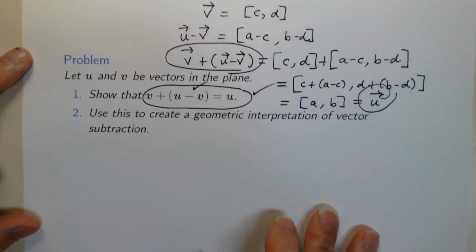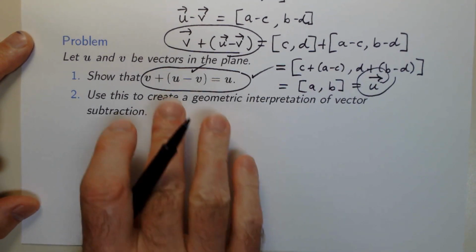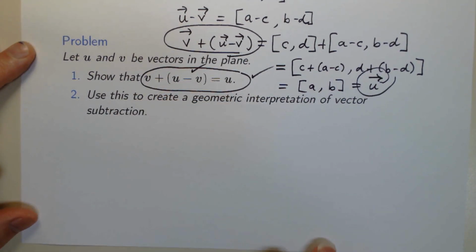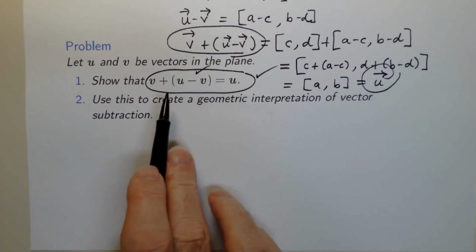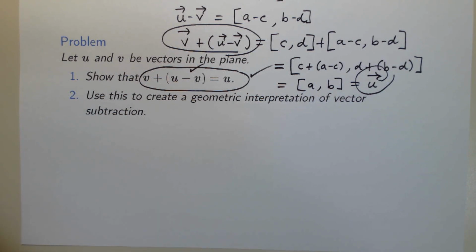Now, we want to use this identity that we've just constructed to create a geometric interpretation of vector subtraction. So we have a nice geometric interpretation of vector addition. We're now going to use this to help us gain an understanding or a geometric interpretation of vector subtraction.